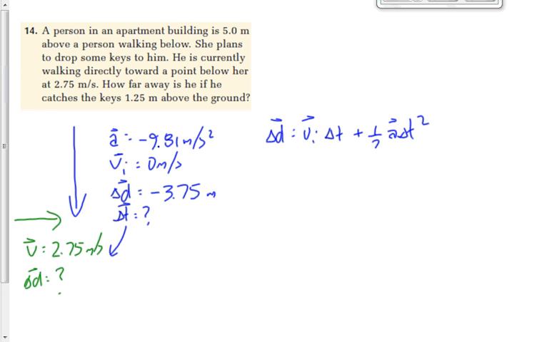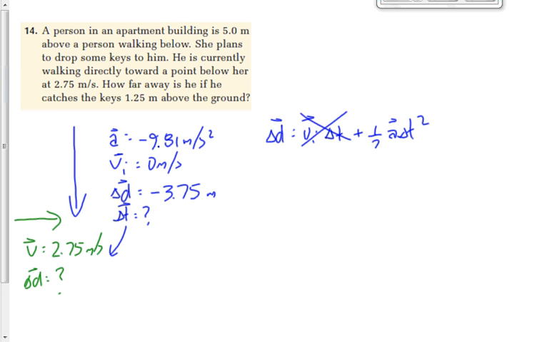Analyze the fall of the keys. Get something. Even if you don't know what you're going to do with that something, get it anyways. Because it's amazing how sometimes that light bulb goes off in the head after you've solved for something, after you've solved for the time that it takes the keys to fall, let's say. It's amazing how all of a sudden it just comes to you sometimes. What do I do with that? Okay, use it for the guy walking.